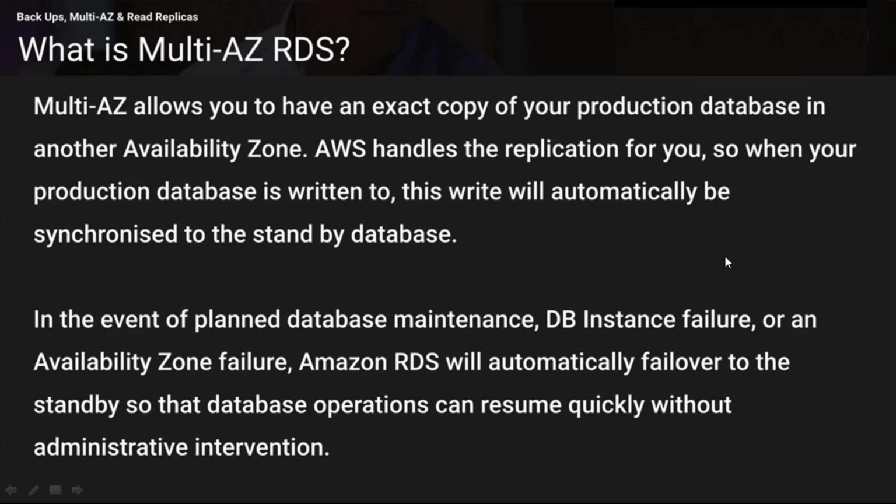But in the case of multi-AZ RDS, there will be multiple copies, but it will be in terms of which one is the master copy and which one is the standby, right? So we always connect to the master database unless there is a problem with the master. When it goes down, only then is the standby database the place where the connections will automatically redirect to.